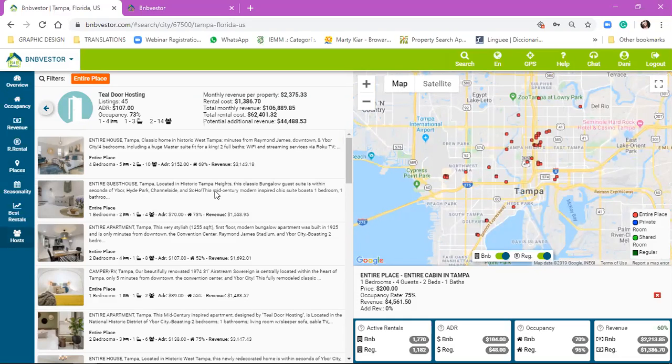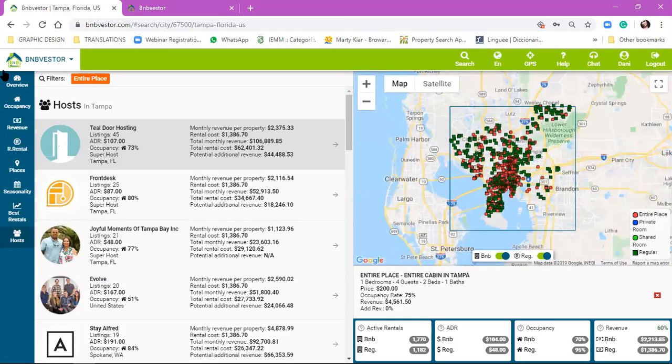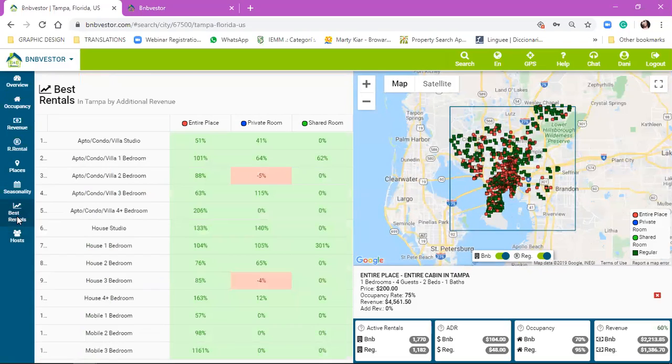Of course, if you click on any of them, it will take you directly into the Airbnb profile of that specific property. Then we have our best rentals tab, where it will tell you what's the best property and type of bedroom in this area that you can rent, okay?